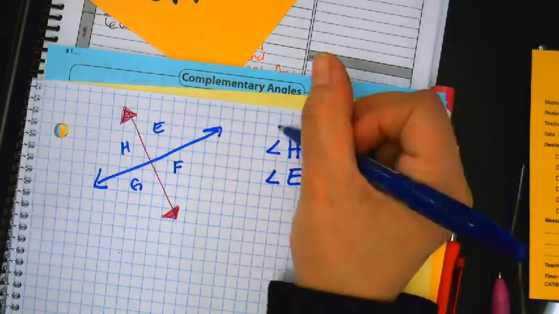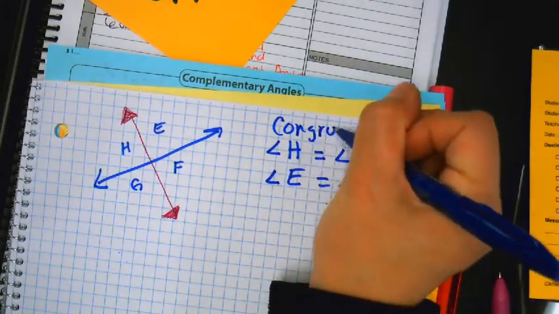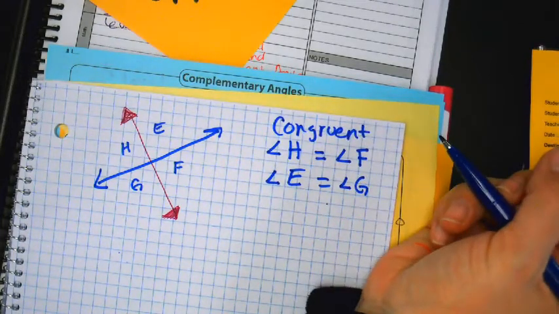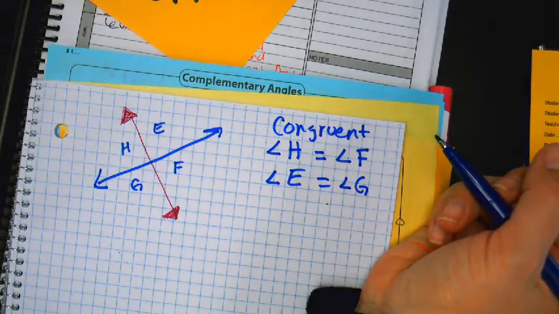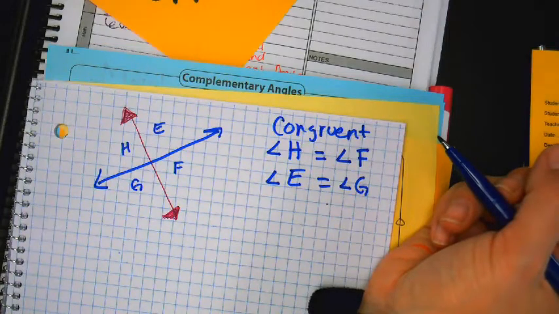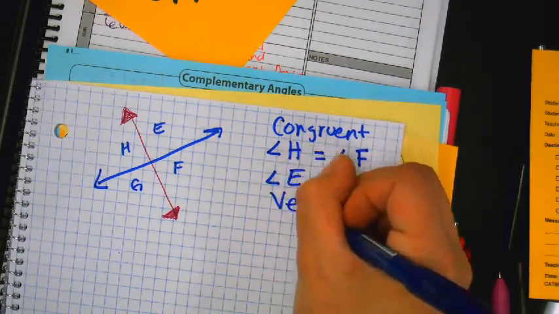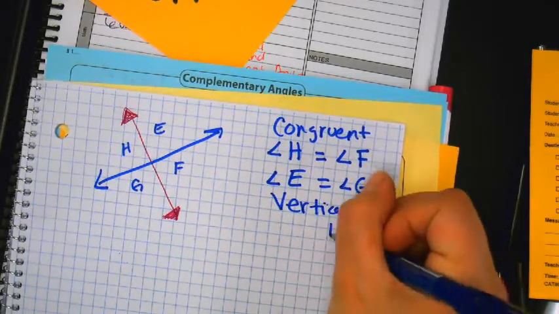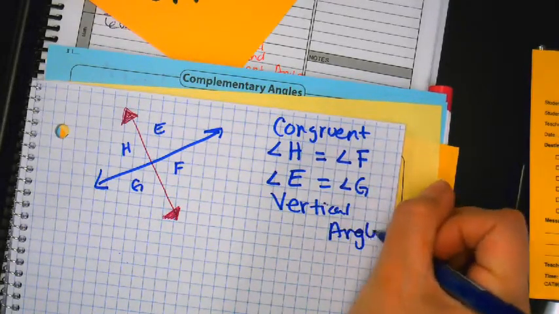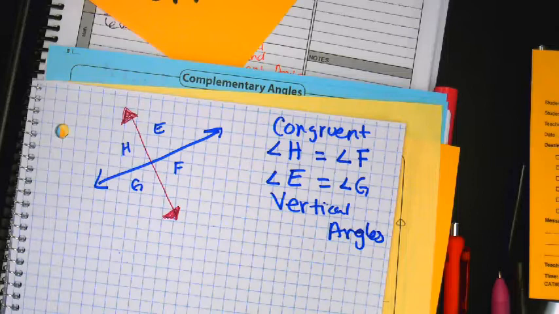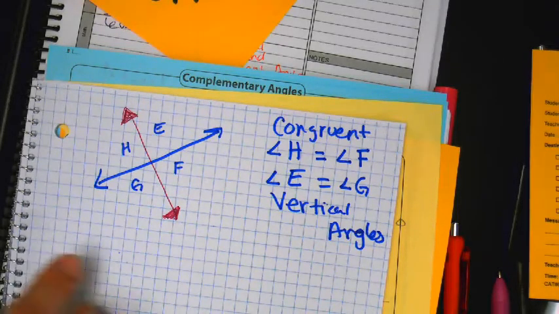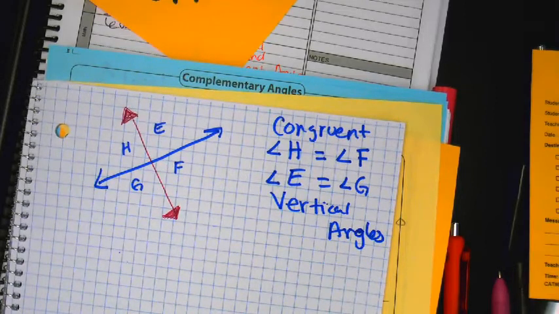Let's write that down. Congruent just means equal. Congruent is a fancy word for equals. They're also called vertical angles. Vertical means they're opposite, they're equal, and they share a vertex, that little dot right there.